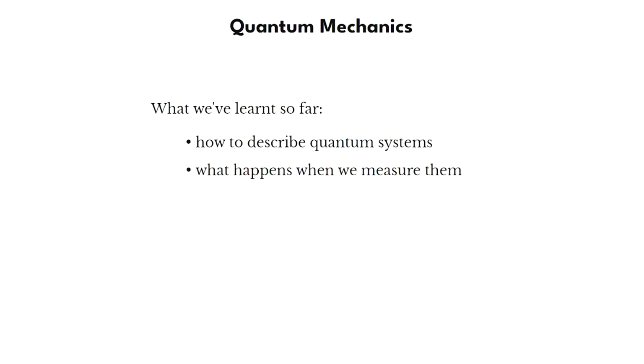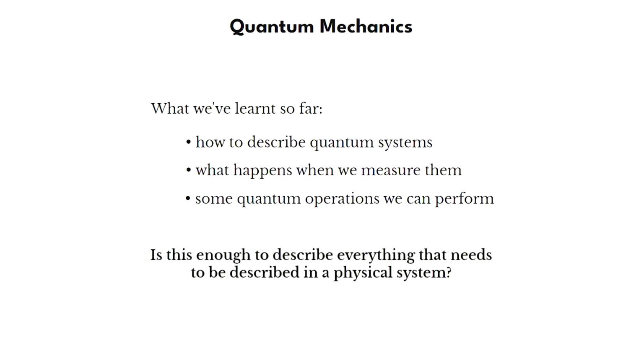You also learned what happens when we measure them, which is defined by Born's rule, and after the measurement the system collapses to a certain state. And you also learned some operations that we can perform, like unitary operations. Now, are these three points enough to describe everything you need for a physical system?